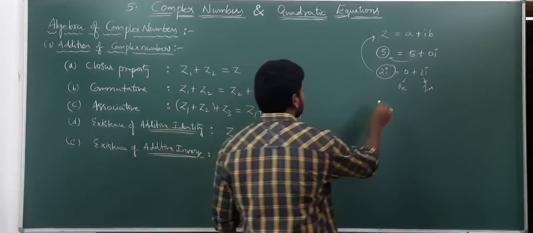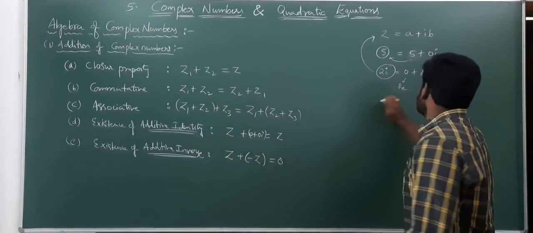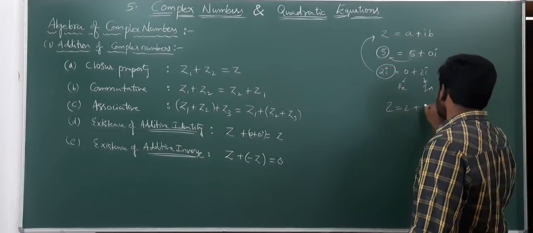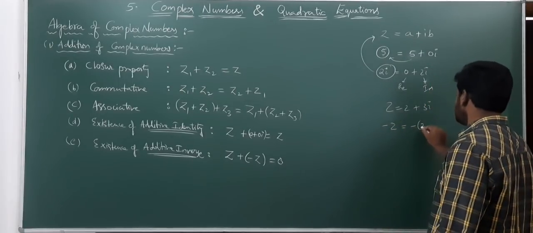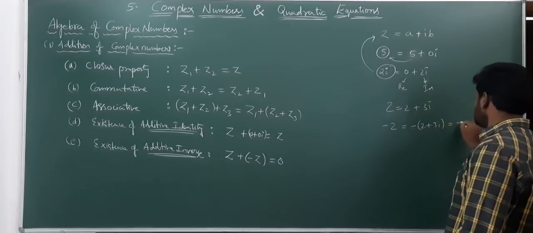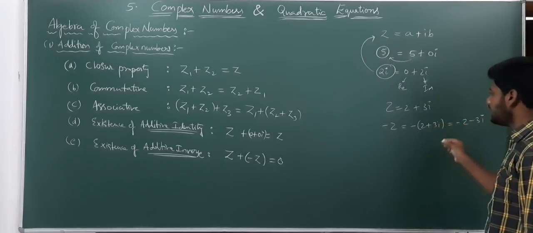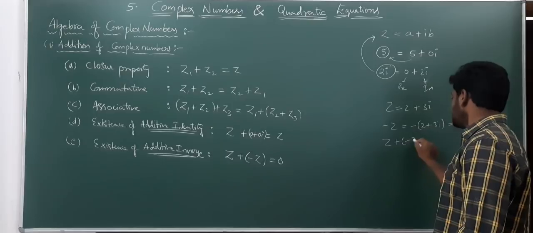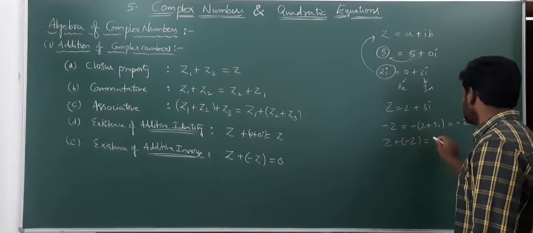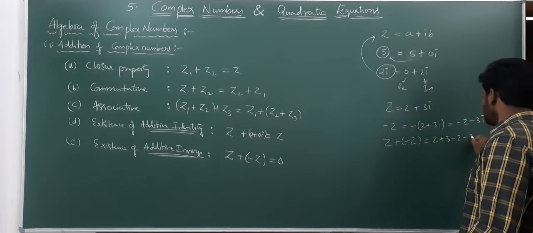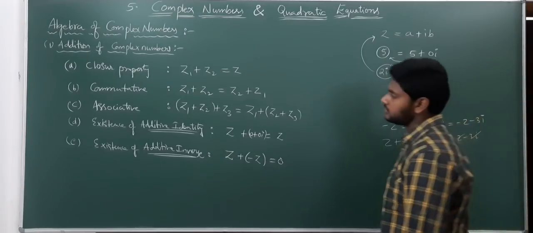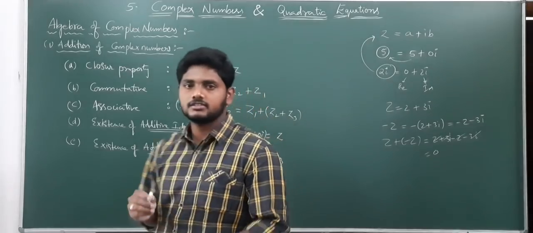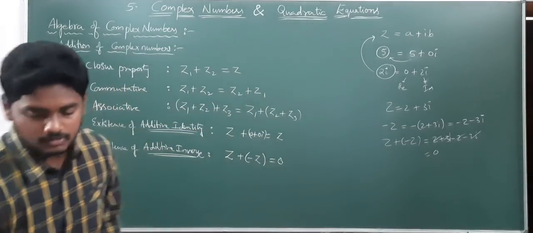For example, if we take Z is equal to 2 plus 3i, what is minus Z? Simply you put minus of 2 plus 3i, which gives minus 2 minus 3i. Add both, Z plus minus Z: 2 plus 3i minus 2 minus 3i, which is equal to 0, right? So existence of additive inverse is also possible in complex numbers.